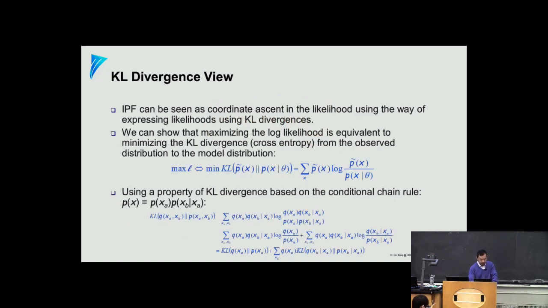Okay, so we have an empirical distribution, and we have an estimated distribution, and I want to estimate the parameters in this distribution such that their KL divergence is minimized. Okay, that's another preferred way in the information theory community to estimate the model.